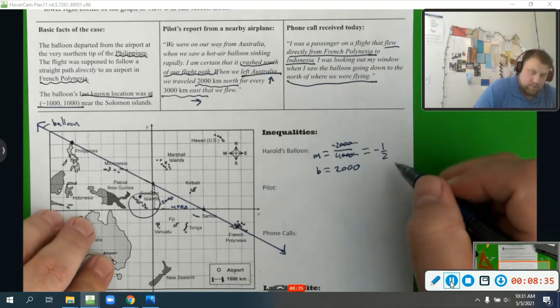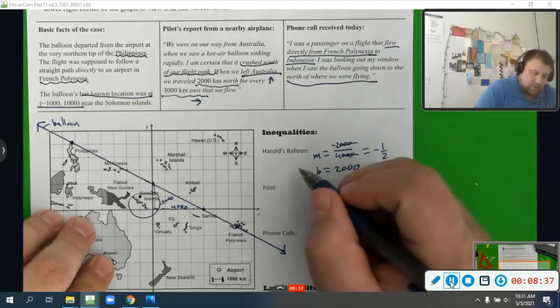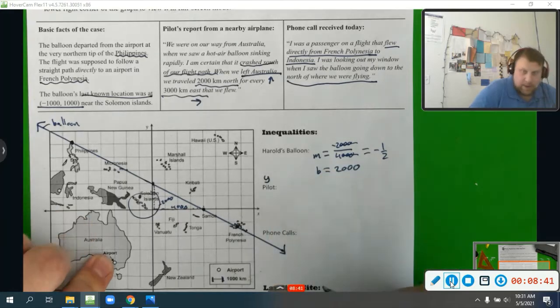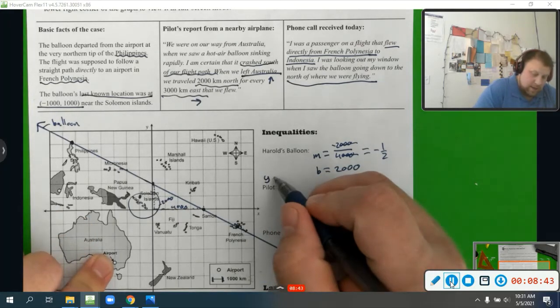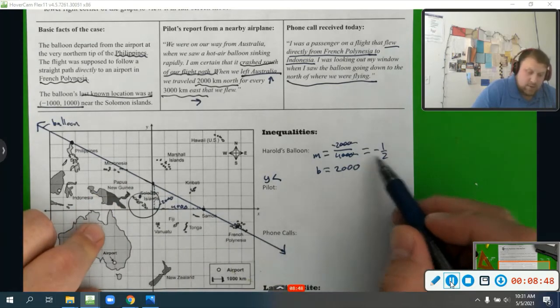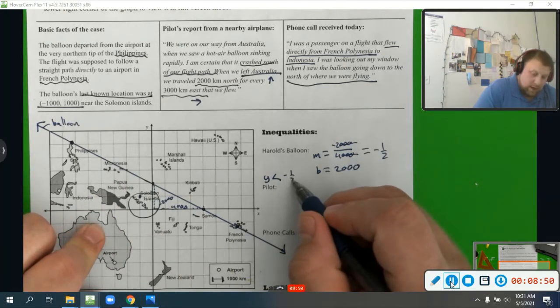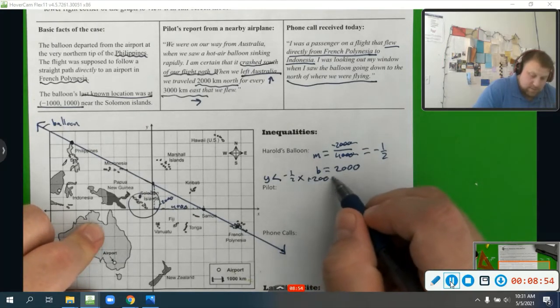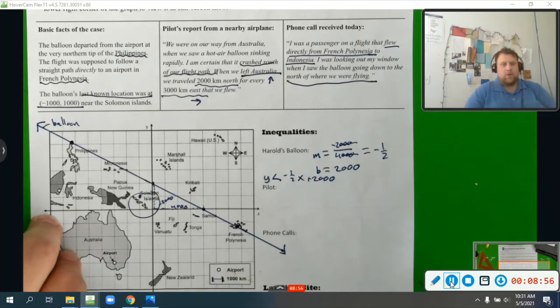So part of the facts of the case we can put for Harold's balloon, we know that y, I should have written this a little better, I'll do better on the pilot, is less than, because wherever Harold's at is less than, what's our m, our slope? Negative 1/2 x. What's our b value? Plus 2,000. See how we were able to create the equation of a line?